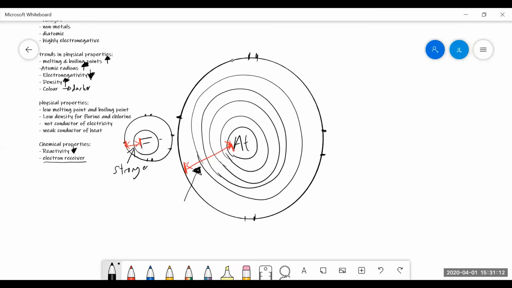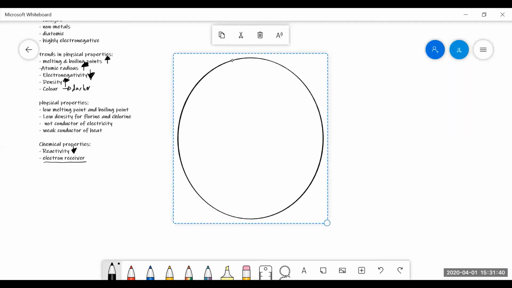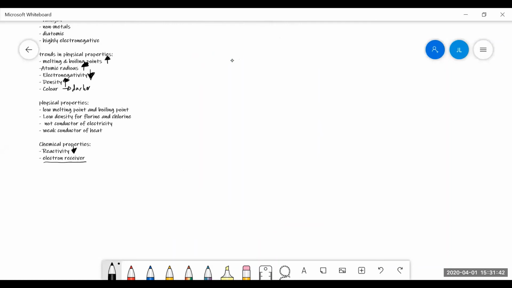Because of the distance, this has a stronger force of attraction, which means it receives electrons easily compared to astatine. So this has a higher reactivity compared to this one due to this property, this theory. So understand? Anyone don't understand?